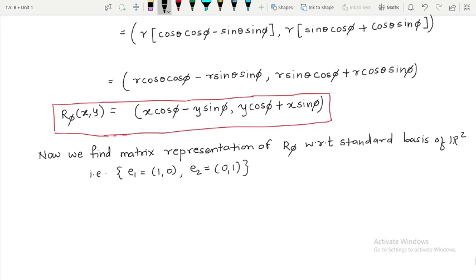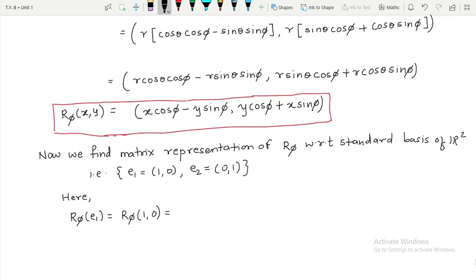We have already learned how to find the matrix representation of a linear map. So now I will find R_φ of E1, that is R_φ of (1, 0).